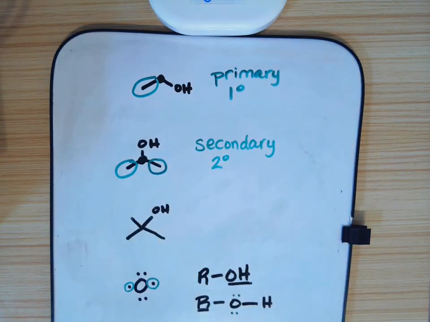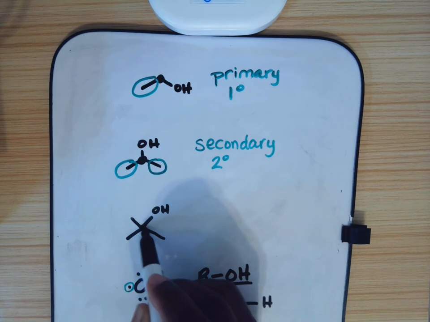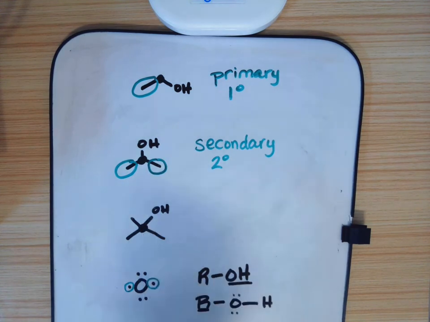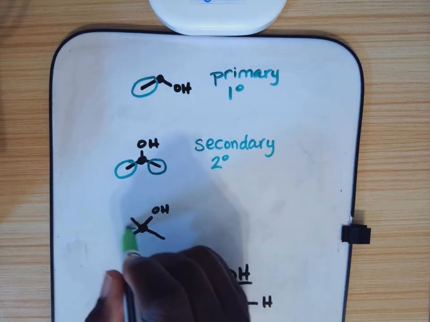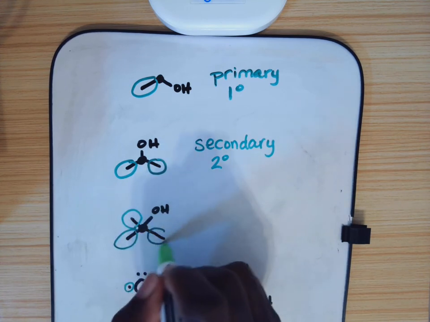And then if we look at the last alcohol, again, identify and locate your functional group. Locate that alcoholic carbon, so the carbon that it's bonded to. Then determine how many carbon atoms are directly bonded to it. So it's directly bonded to this carbon, as well as that carbon.